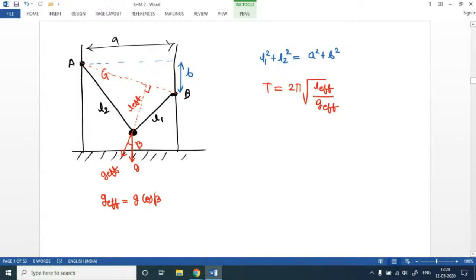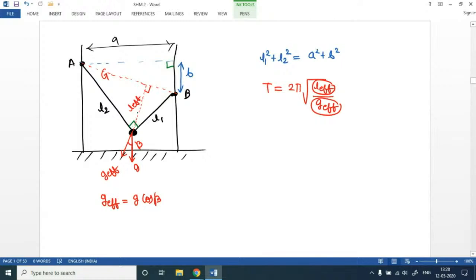So we have to find the value of L effective as well as G effective, because we want to find the value of beta. So how can we proceed here? Since a square plus b square is equal to L1 square plus L2 square, using Pythagoras theorem, this length AB square is equal to L1 square plus L2 square, we are saying. So this angle would definitely be 90 degrees.